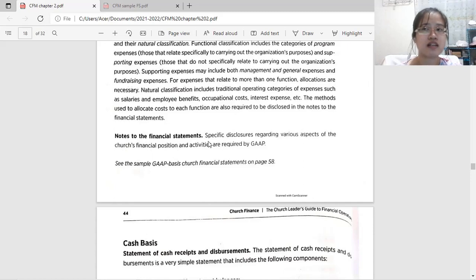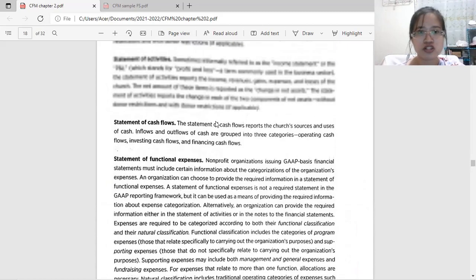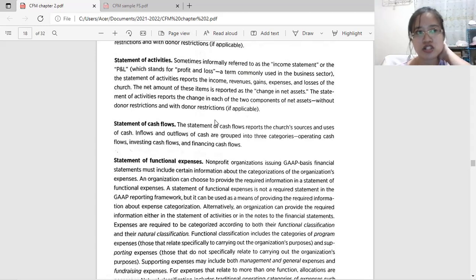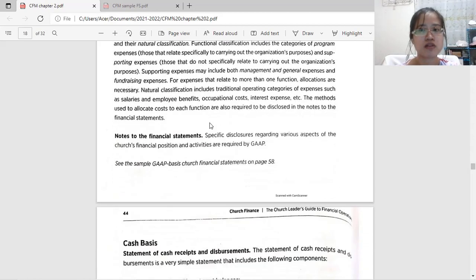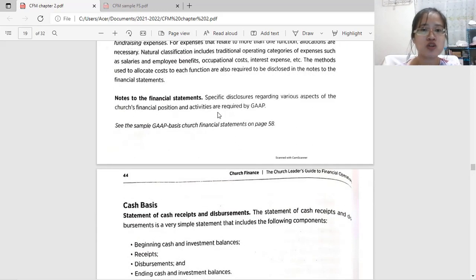Normally, the others are called the face of financial statements because you can see the items, particulars, and the figures. But most of the time, there are no explanations on certain items in the face of the financial statements. So any explanation would be included here in the notes. What composes the bulk of financial statements is the notes.